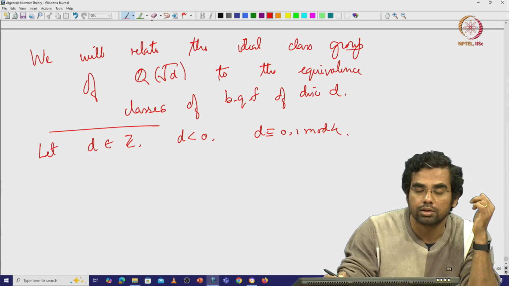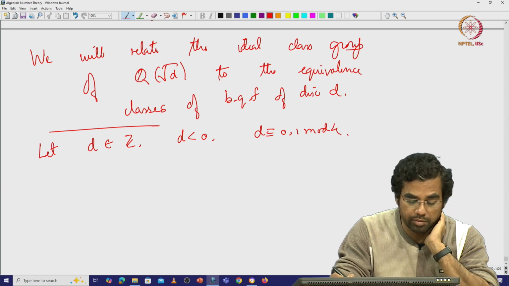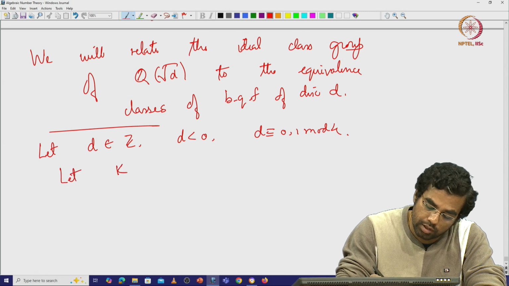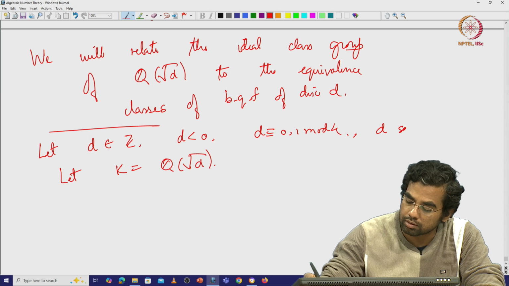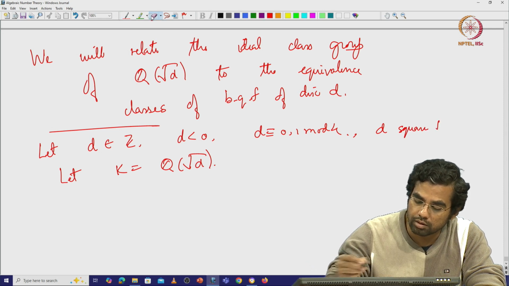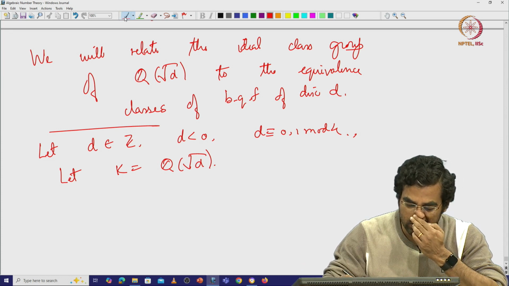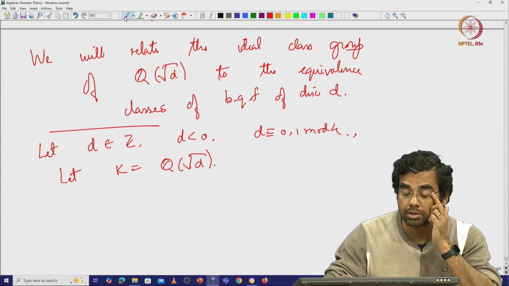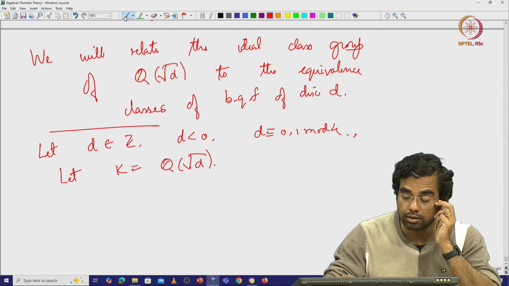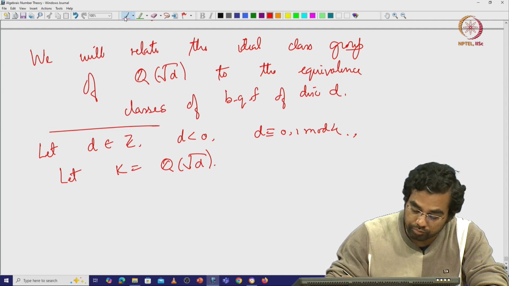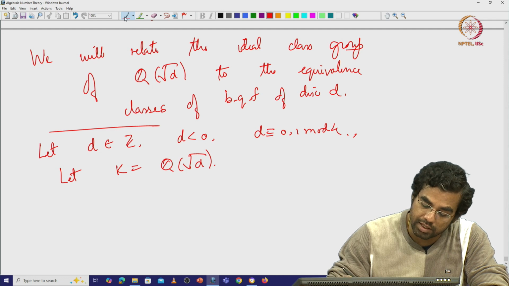So, that is how we know that it is going to be a discriminant, and let K be Q square root of d. Maybe I do not care about square free actually. D is this, because it could be 4 times some square free number, right. So, it could be 0 mod 4. So, let this be as it is.